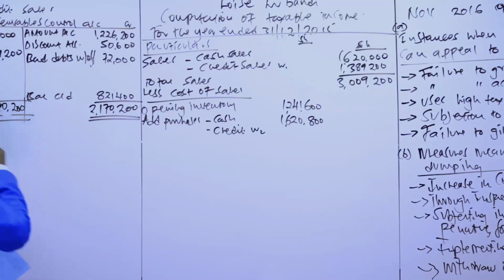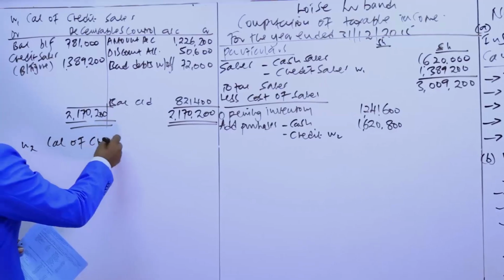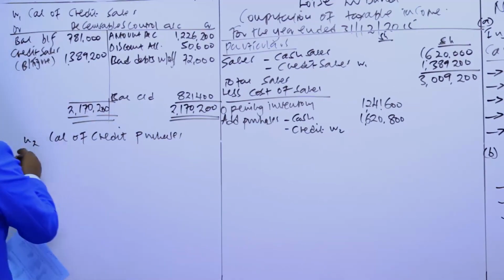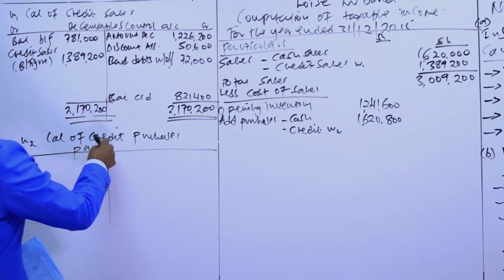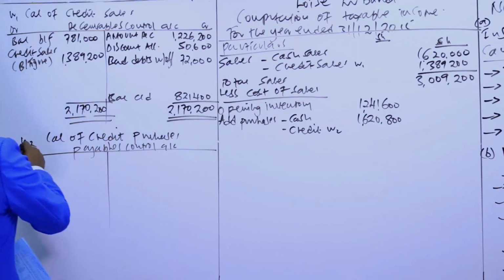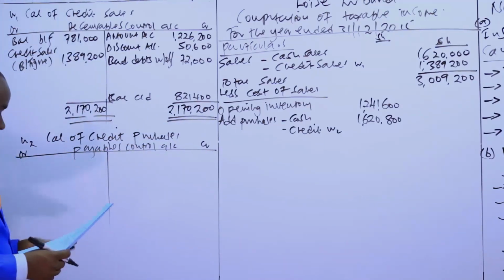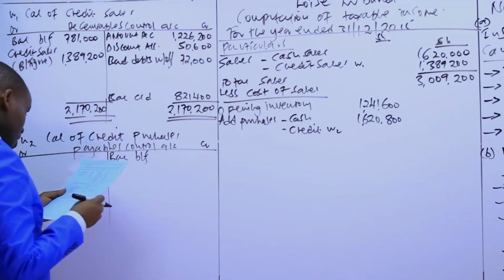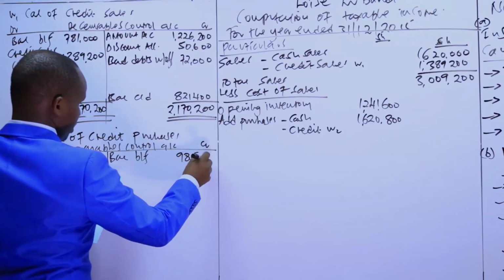Then for credit purchases, we need to do a working. So we have working 2, calculation of credit purchases. Here we draw the payables control account, debit and credit. This is a liability account, so the balance is on the credit side. Balance brought forward for the payables is 985,000.